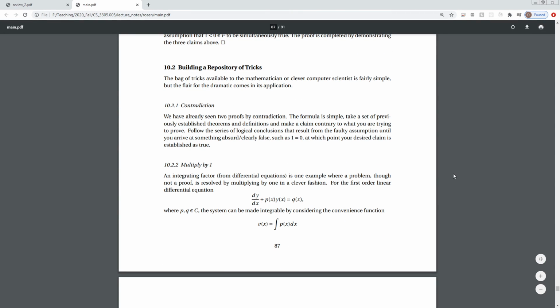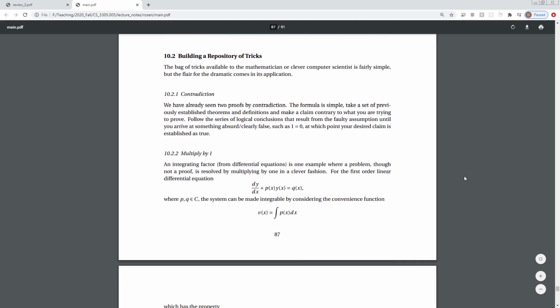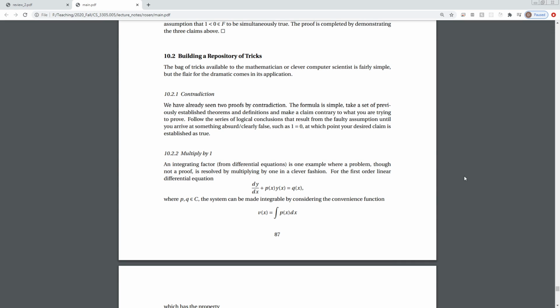Okay, so we're going to have trouble reproducing that just off the top of our heads. So how do we do it? How do we get from wherever we're starting to somewhere where we can construct either elaborate proofs or even proofs of simple concepts that we've been taught since grade school? It starts by building a repository of tricks.